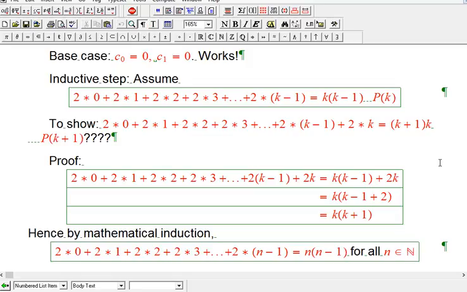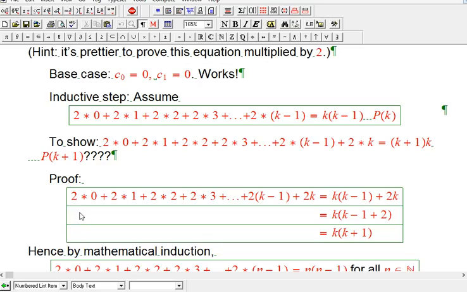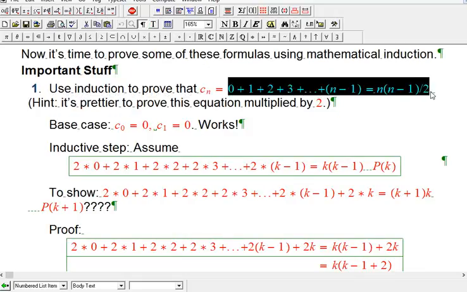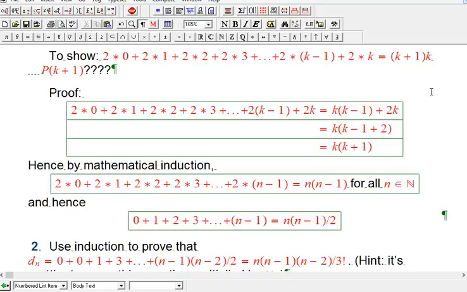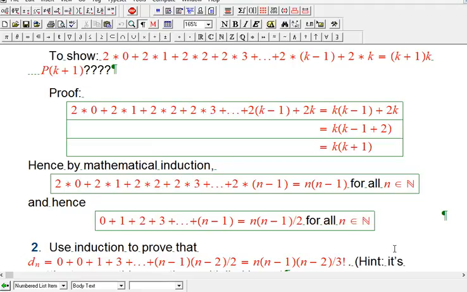And hence, well, what did we really want? We really wanted the whole thing without the 2's, but it's just that divided by 2. So it's just going to be that, still for all n. And if you don't want to use the fancy symbols, you can just say for all positive integers n.